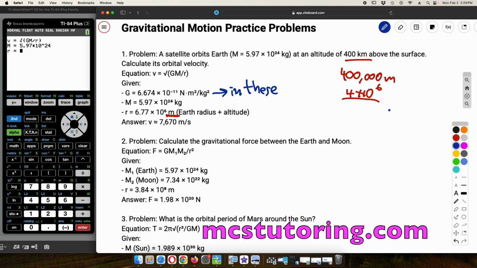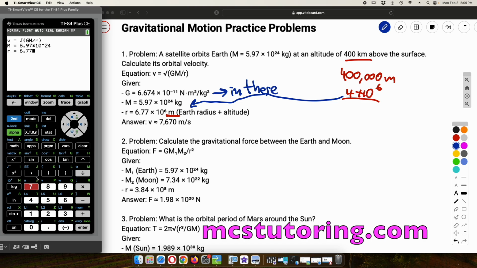But that's not actually what you enter, because it's going to be the Earth's radius plus that altitude. So I'm assuming the Earth's radius is something like 2.77 times 10 to the 6 meters. I know I'm getting a little too enthusiastic about this. I identify as a nerd, I guess. But I just want to show you, because this is kind of what steered me away from physics, not knowing all these little details.